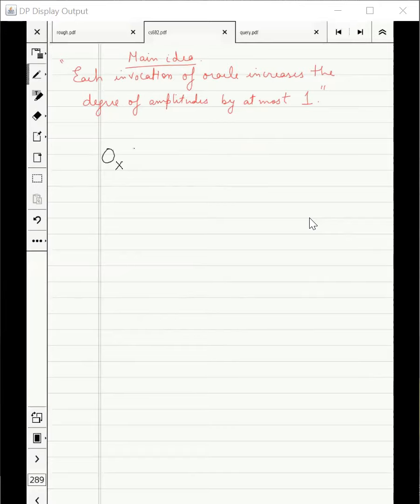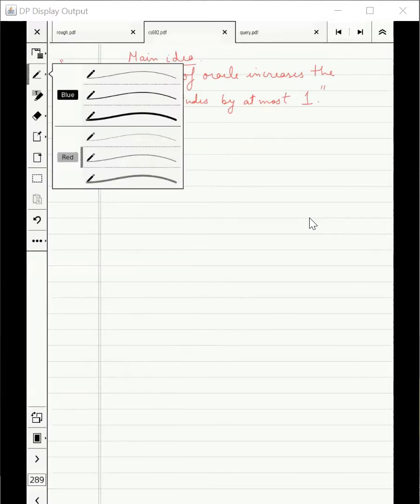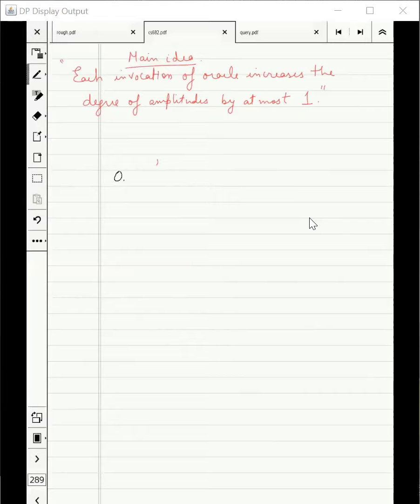I have this basis state |i, b, z>, right? What is the output of this? |i, b XOR x_i, z>. Very nice.